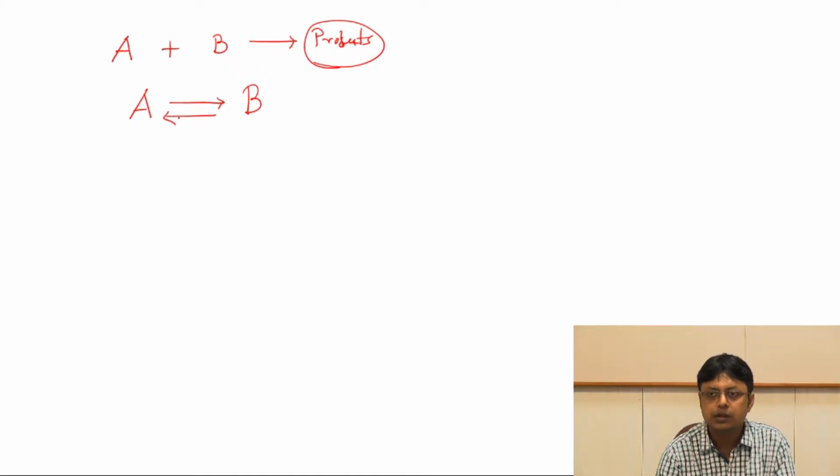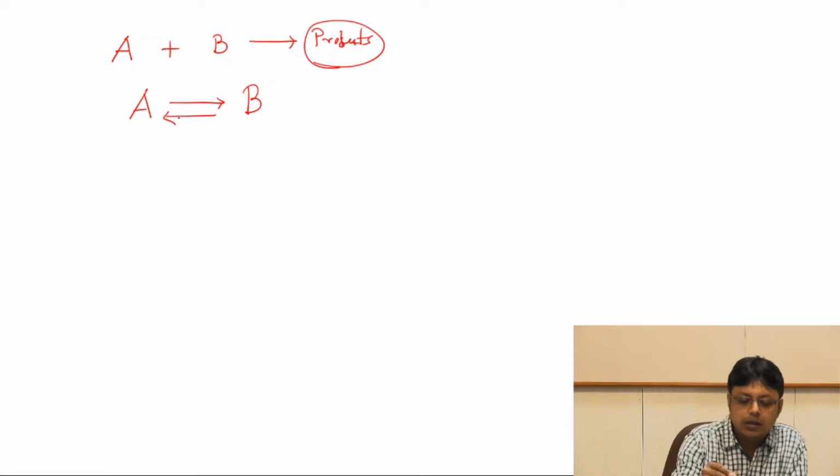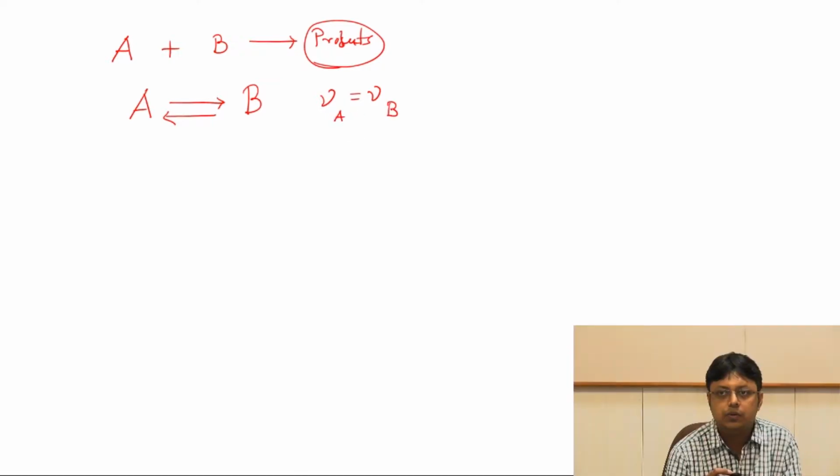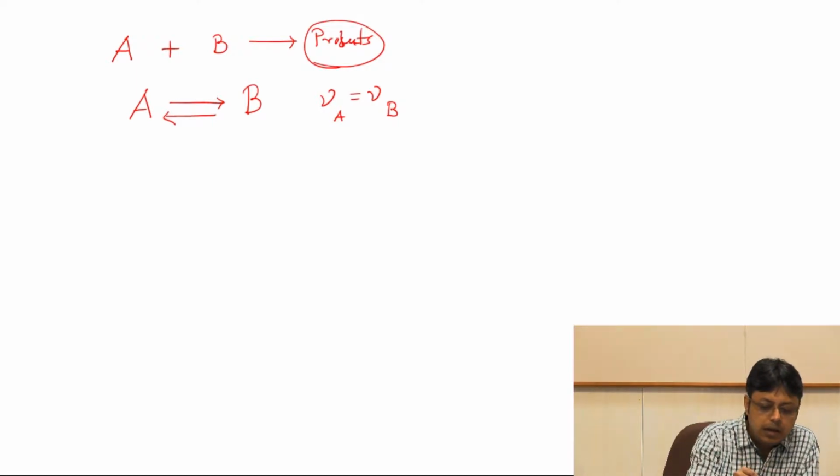So the reaction will be essentially irreversible. But let us now consider that both the forward and the backward reaction occur at some appreciable rate, and also that nu A and nu B are equal, in the sense that A and B are interconverting with equal stoichiometry, and the associated rate constants are, say, K1 and K minus 1.